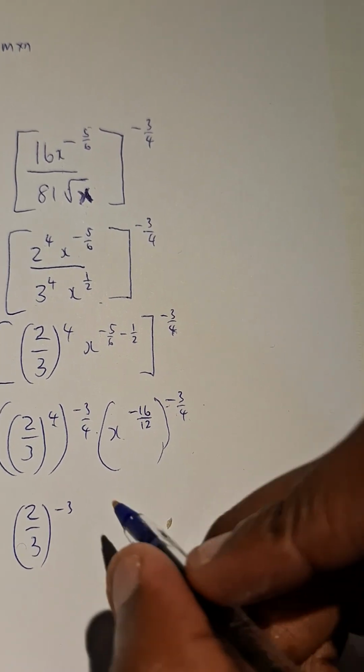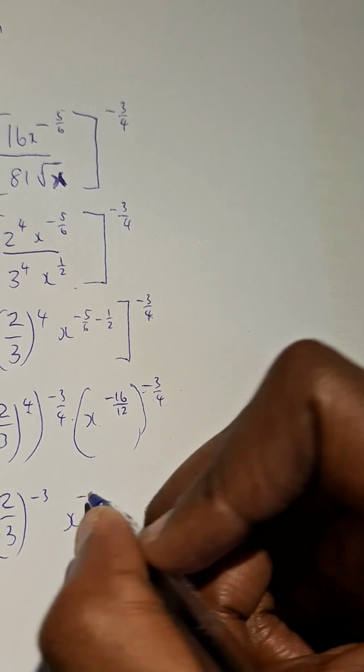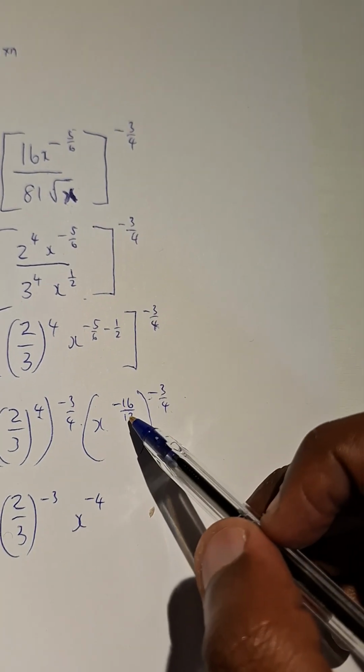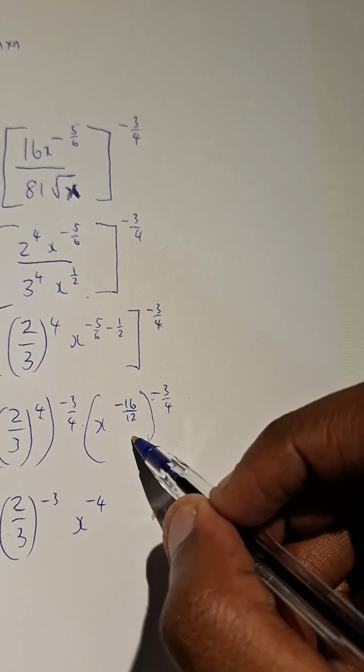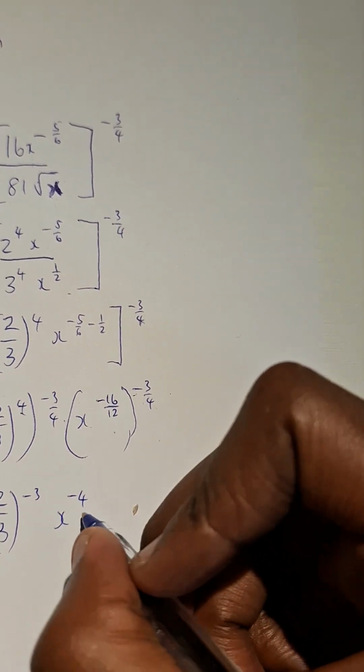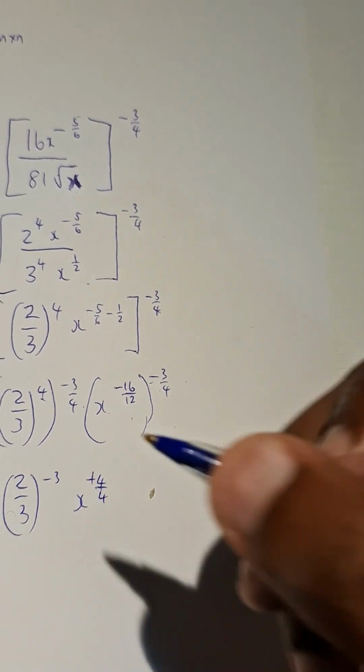4 goes into 16 four times, but there's a negative sign, and then 3 goes into 12 how many times? 4 times. Then negative times a negative gives us a positive.